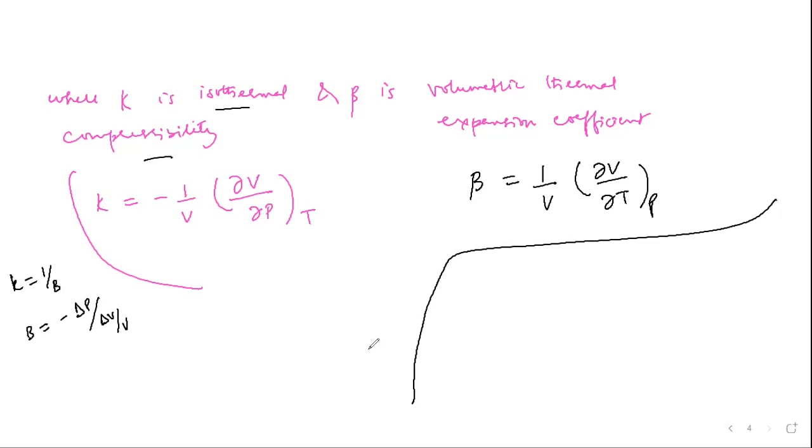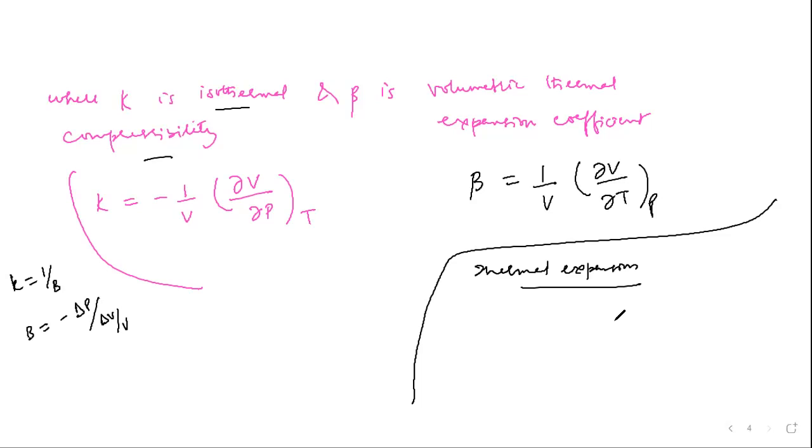Let me make that clear first. So I go to thermal expansion. We know when the temperature of a body increases, it usually expands. One exception to this is water between 0 degree and 4 degrees Celsius, which contracts when the temperature increases. In this temperature range, 0 and 4 degrees Celsius.